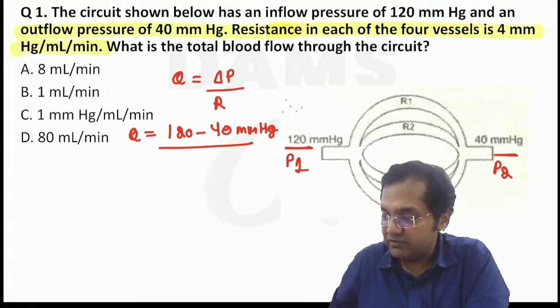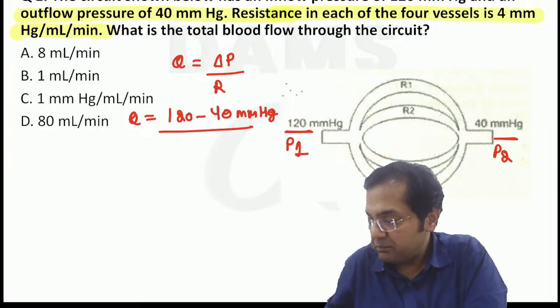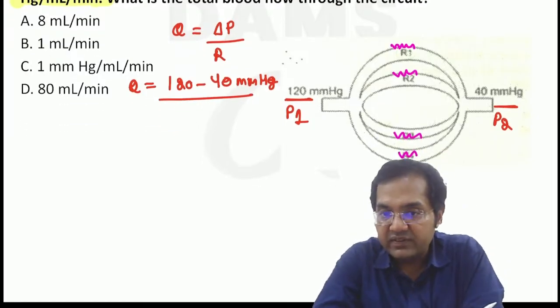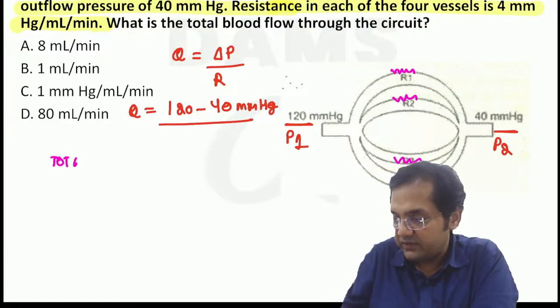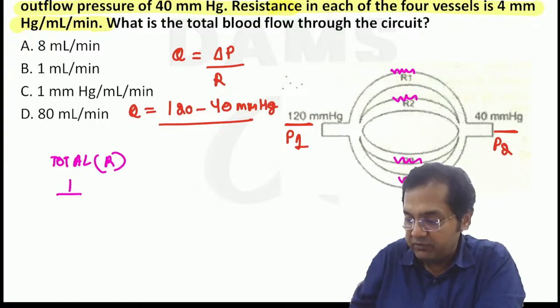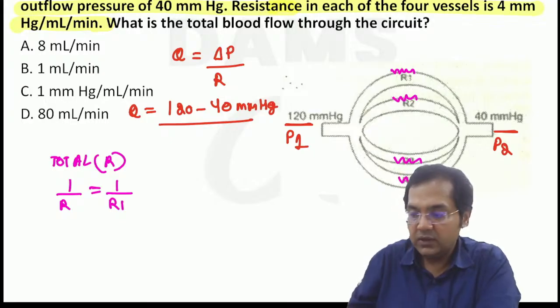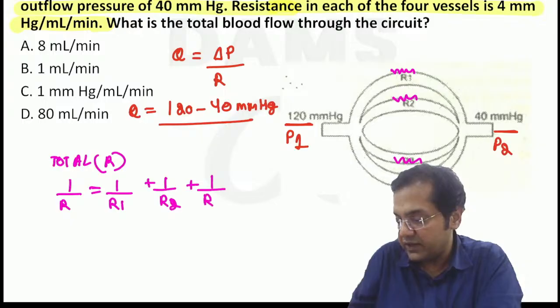Please see now carefully, this is a circuit where there are parallel resistances like this. If there are parallel resistances, then each of them is 4. Remember, the total resistance I need to calculate again, right? Which would be 1 by R is equal to 1 by R1 plus 1 by R2 plus 1 by R3 plus 1 by R4.